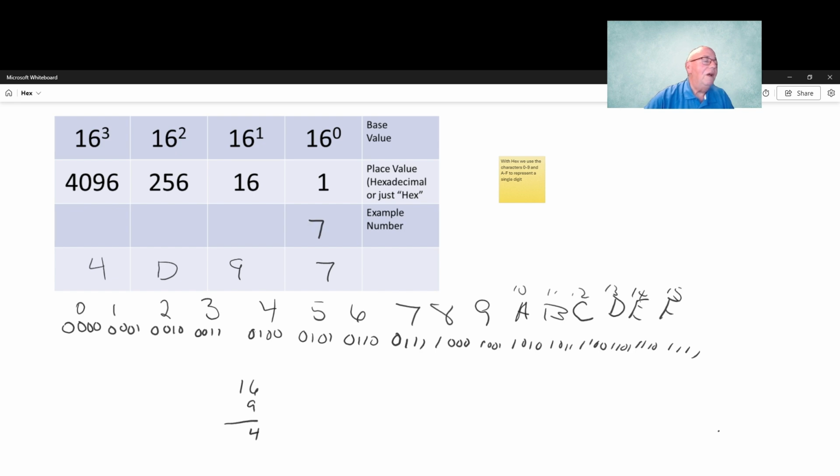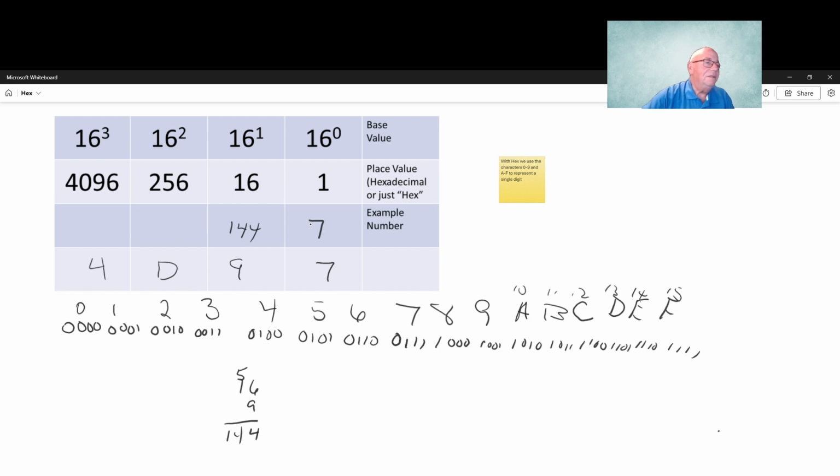6 times 9 is 54, carry the 5. 9 times 1 is 9, plus 5 is 14, so this is 144.